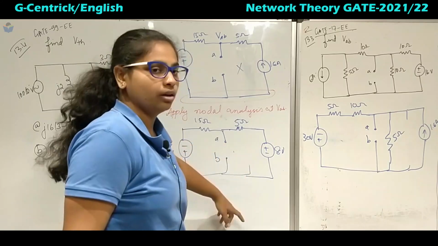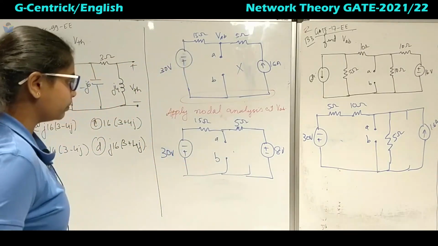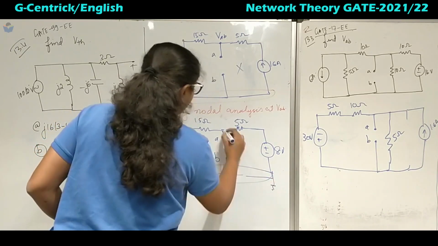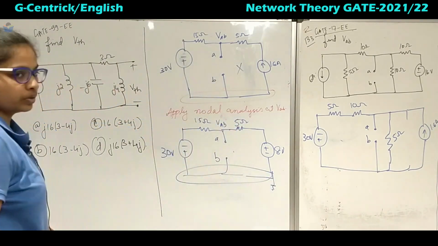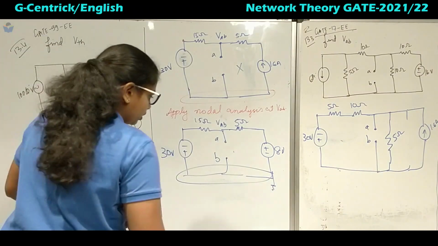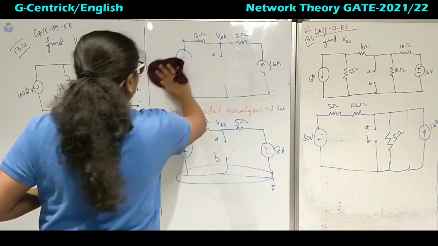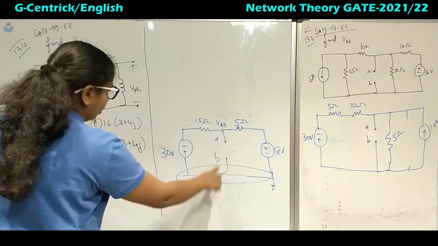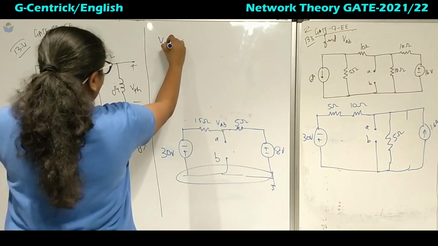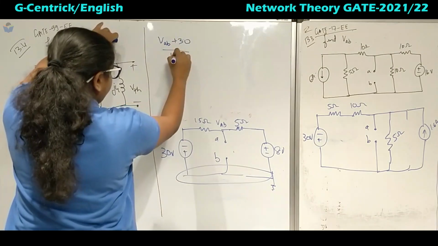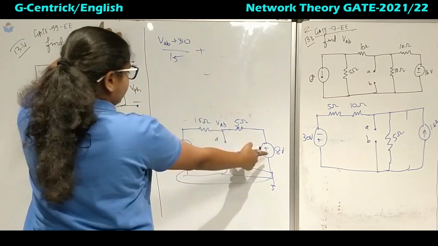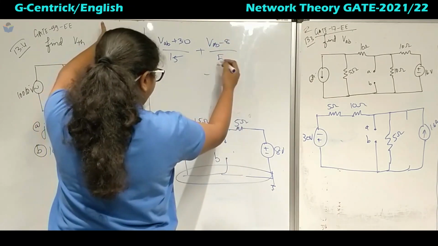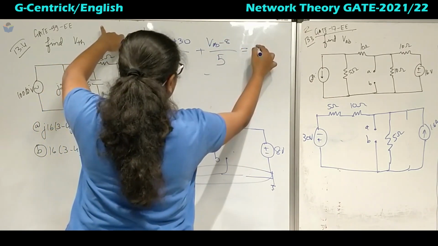Now you can apply nodal analysis to this problem. I will take this as the reference node, and this is VAB. From VAB to 30 volt, we have VAB plus 30 divided by 15, then plus VAB minus 8 divided by 5 equal to 0.